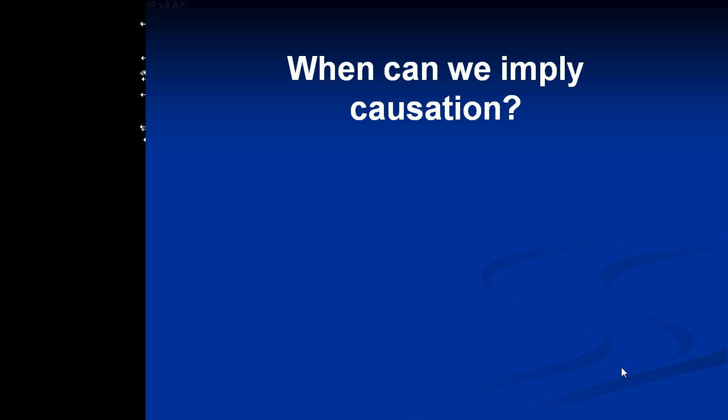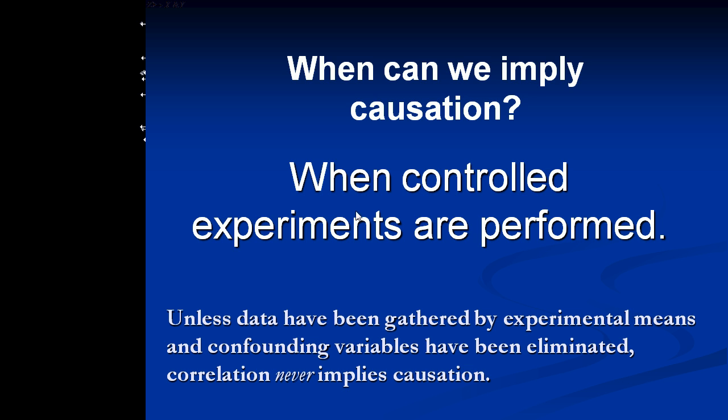Okay, so when can we imply causation? Once again, when controlled experiments are performed. And these experiments may happen over and over and over again. So eventually, if enough data is found to have a very strong correlation, then we can imply causation.